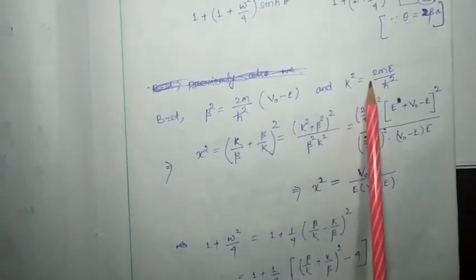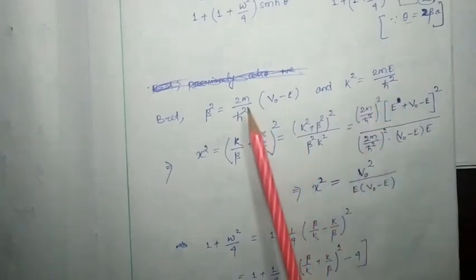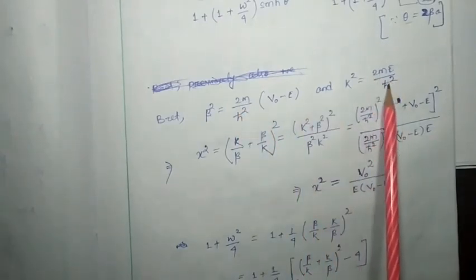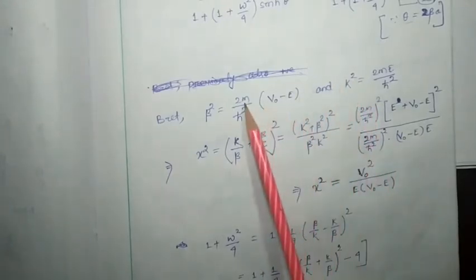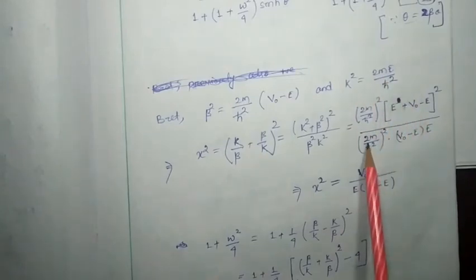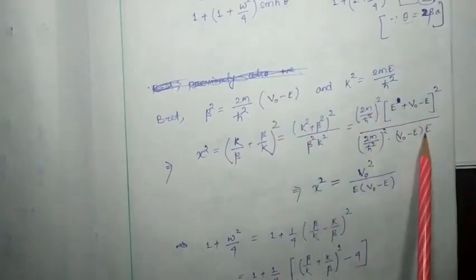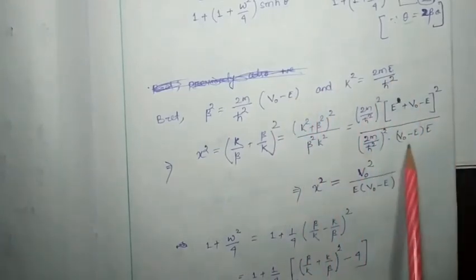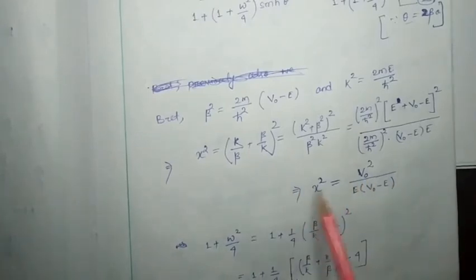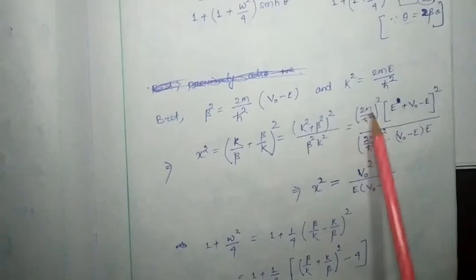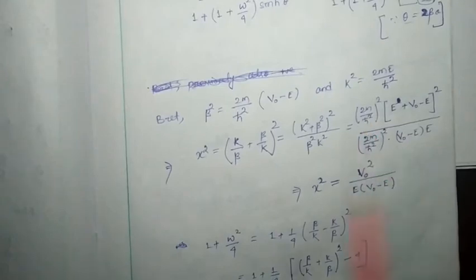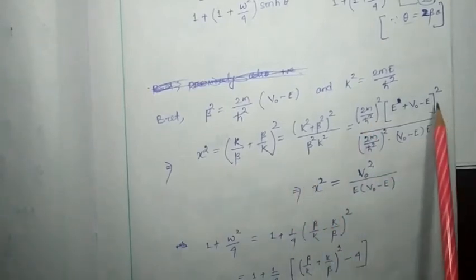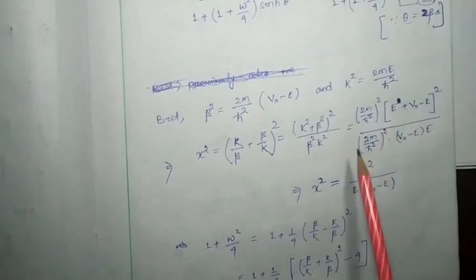So β²k² means 2m/ħ² times 2m/ħ², that is (2m/ħ²)², times (V0 − E) times E. So that implies x² will be equal to (2m/ħ²)² over (2m/ħ²)², both cancelled out, and E also cancelled out.